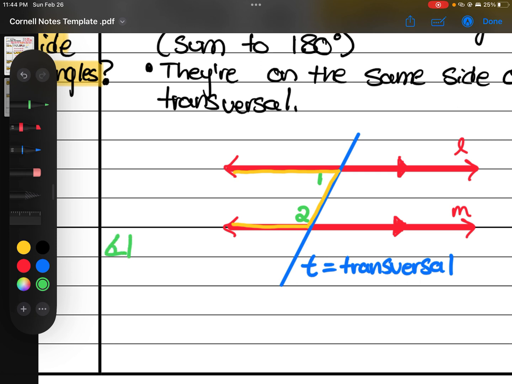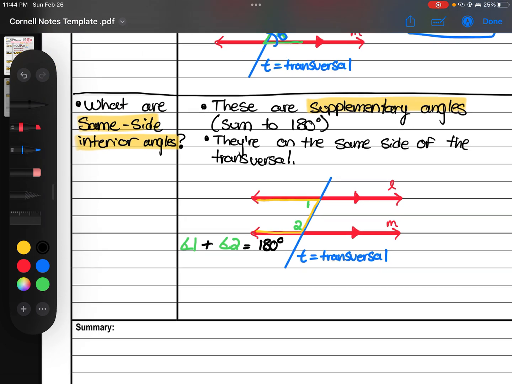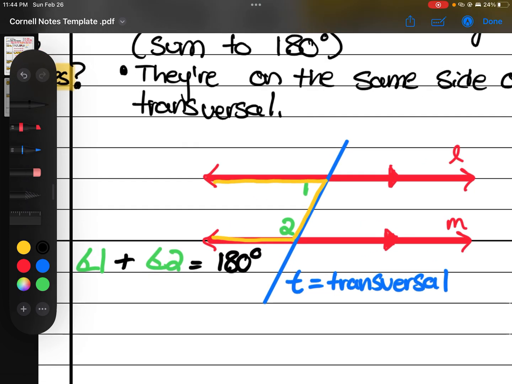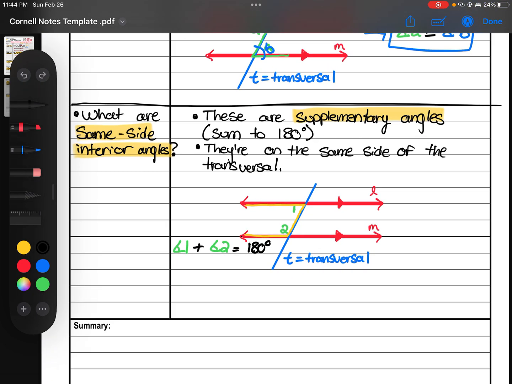So angle 1 plus angle 2 is equal to 180 degrees because those are same side interior angles. So the way you can remember that is the inside angles and they're on the same side. It's pretty easy because the name just describes the location.